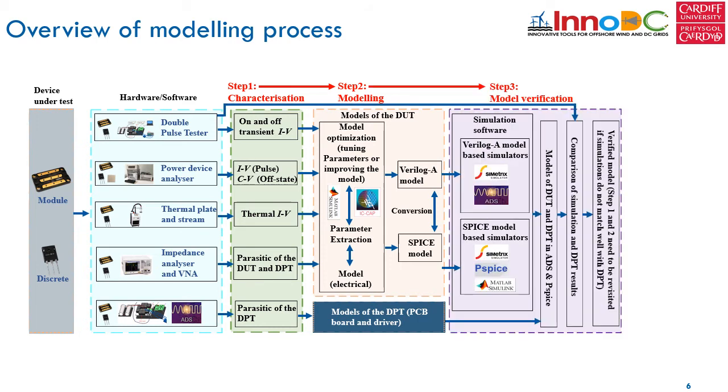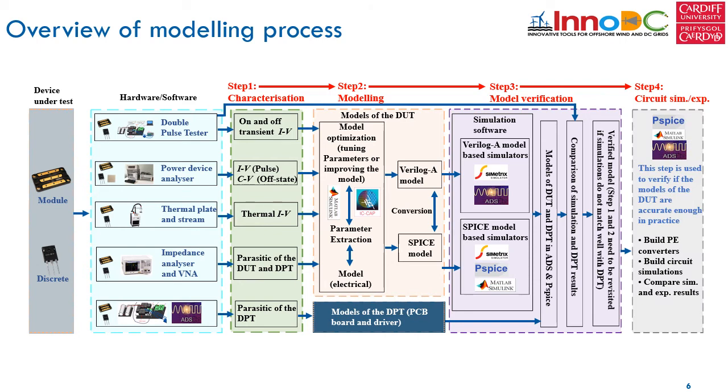And thirdly, the model is verified by simulating the turn-on and turn-off switching transients using double pulse tester and compare the simulation results with the experimental results. If the simulation results disagree with the experimental results, we need to go back to step 1 and 2 to improve the model accuracy.